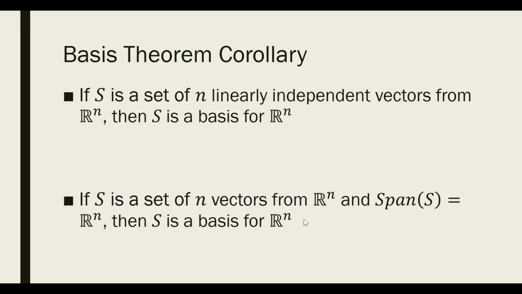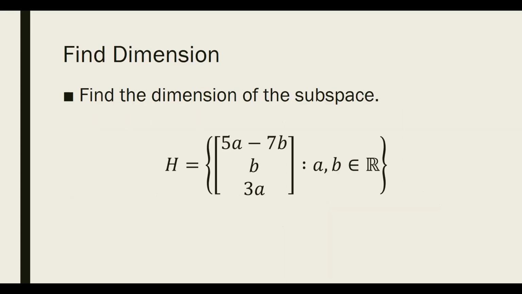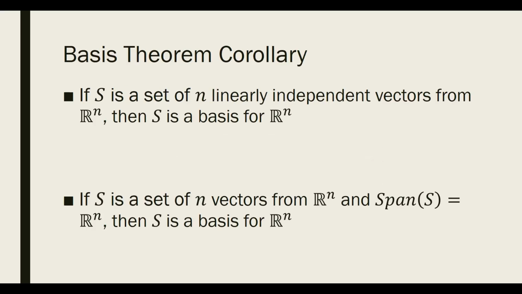Therefore, the span of S would have been all of Rn. We had the right number of vectors, so we have a basis. Now, once we see that, we can figure out dimensions of subspaces of Rn as well.